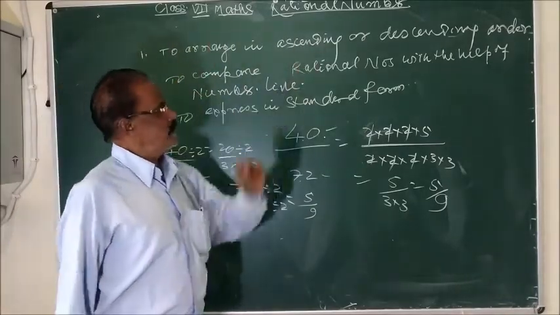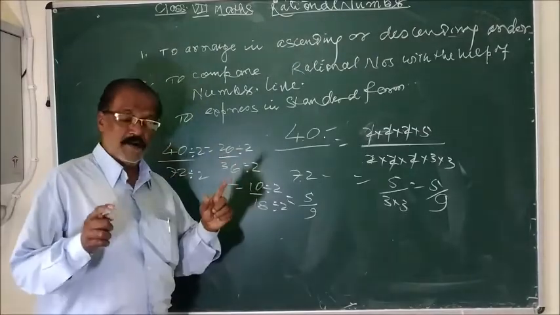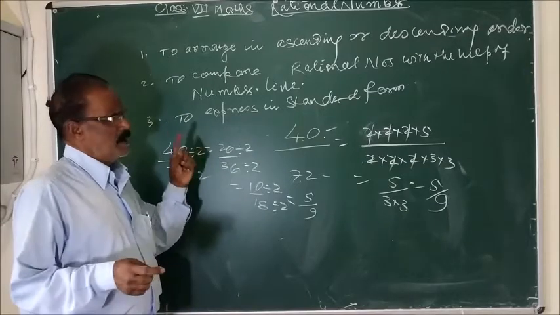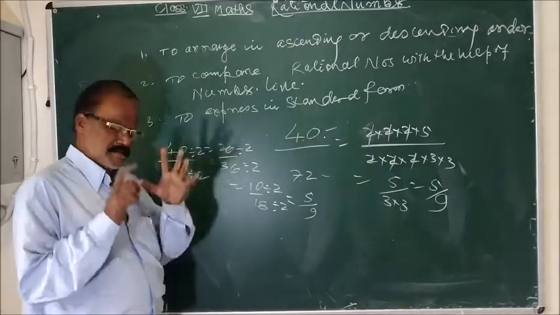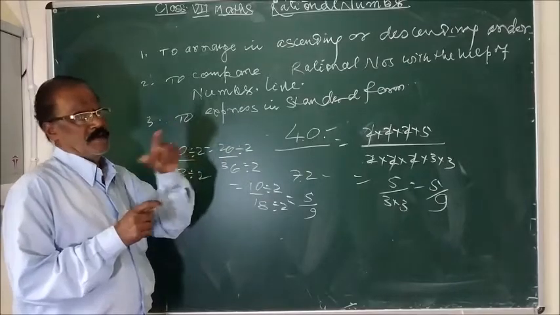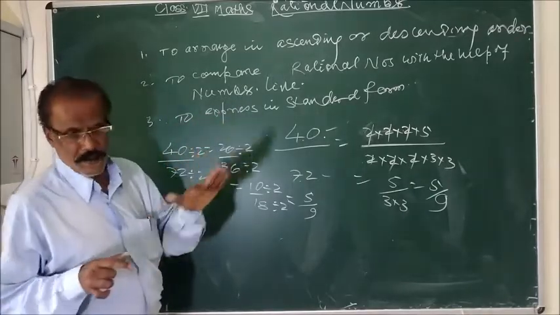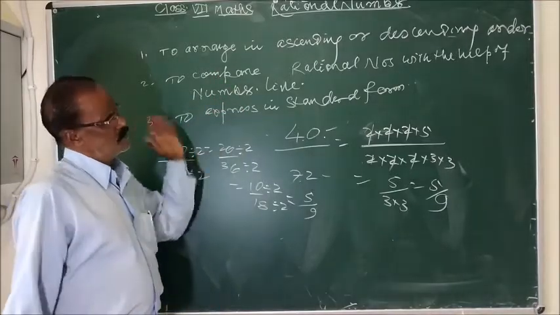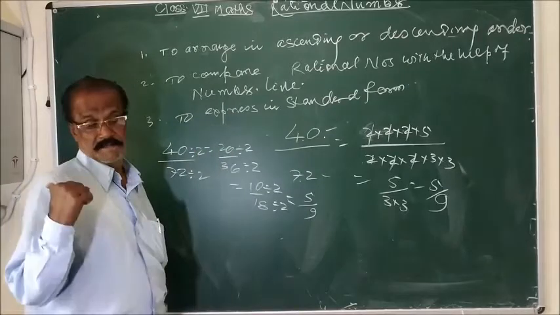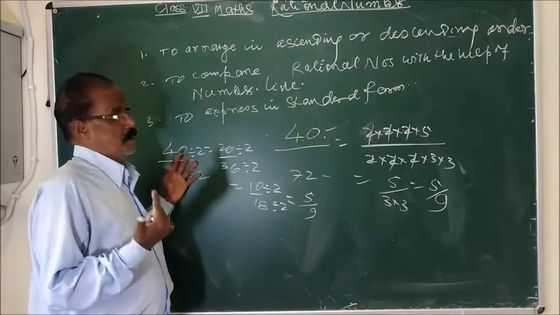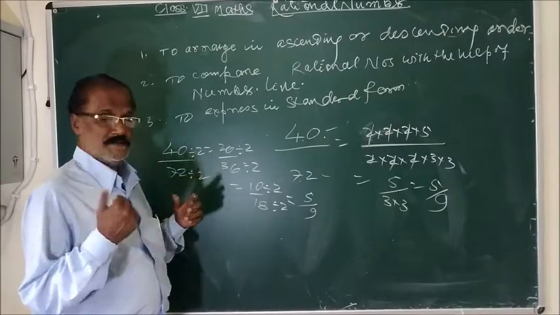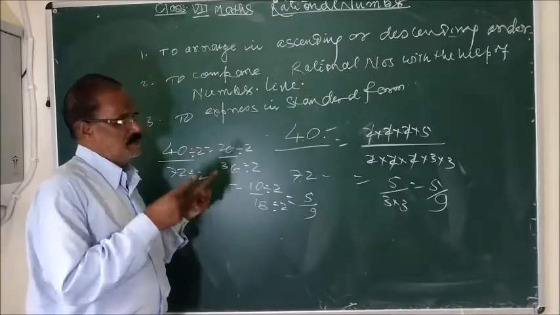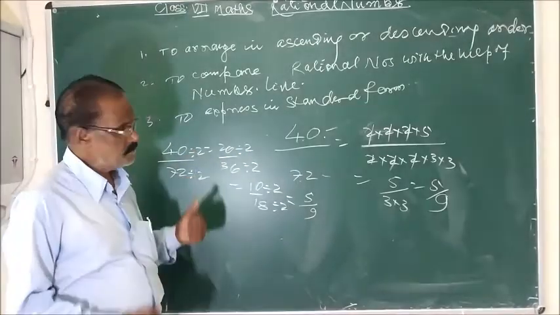In ascending or descending order, if the fractions have no common denominator, you change all the denominators to a common denominator, and then you can compare and arrange. On the number line, I have already told you that a number on the right side is always greater than one on the left side. If I ask you which is greater, -2 or -5, it is -2, because -2 will be on the right side of the number line.